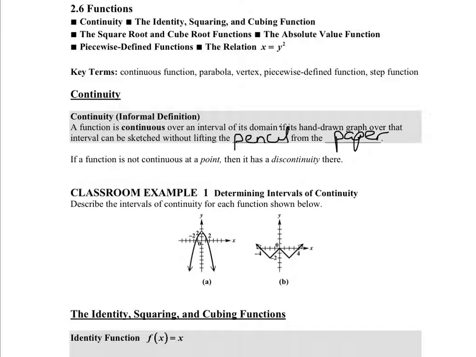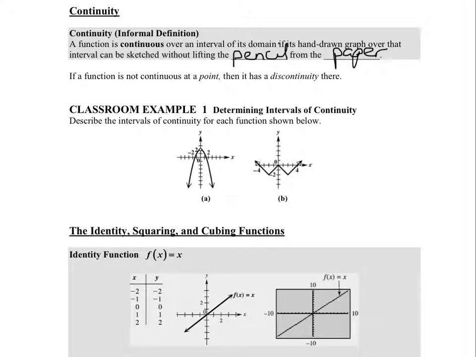Now, as you look at these two graphs in classroom example 1, I want you to look closely at A, and what we are asked to do is to describe or define the intervals of continuity for this function. So the first question we have to decide is, is the entire function continuous?